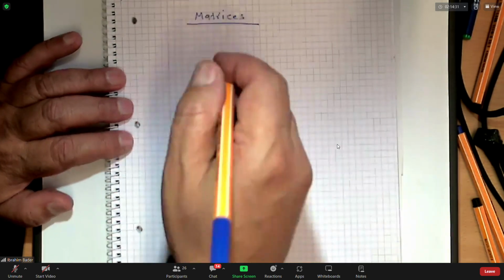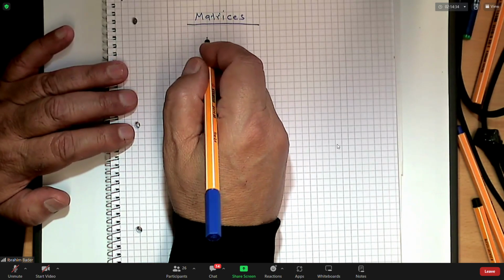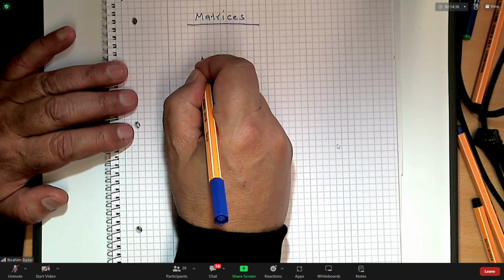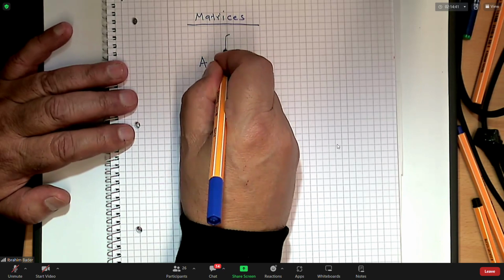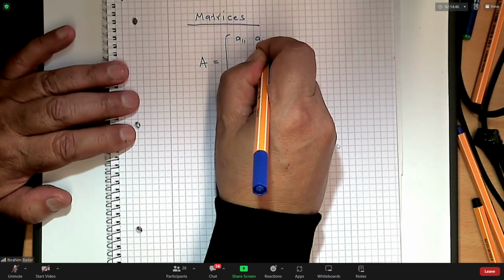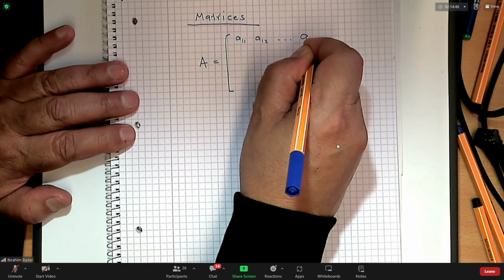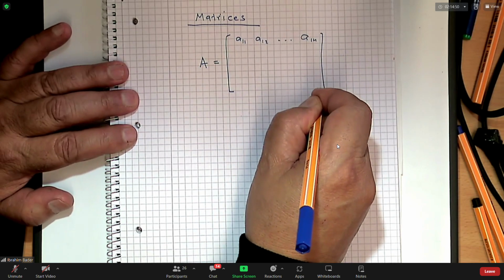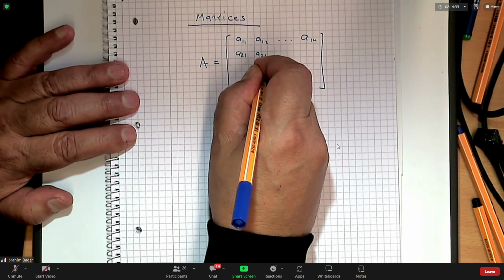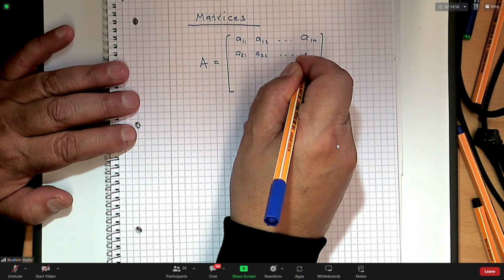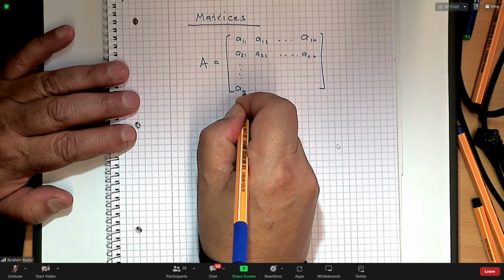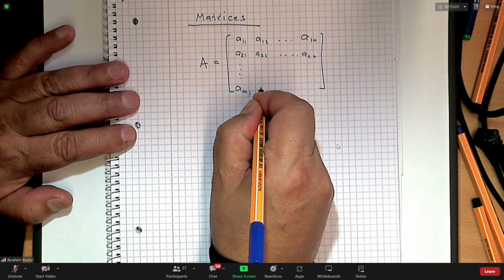A matrix is a rectangular array of real numbers, and it is written as A11, A12 up to A1n. Here you have A21, A22. It goes down to some number M, and then here M2.